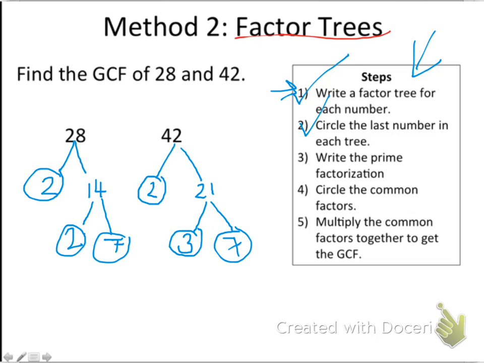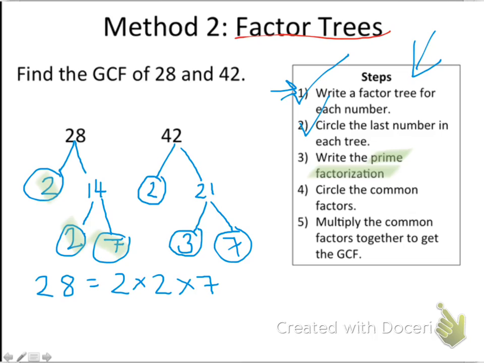Write the prime factorization. This might be new to you, prime factorization. What that means is write each number like this. 28 is equal to 2 times 2 times 7. So you take the bottom number on each of your factor trees and put it together to multiply it together.